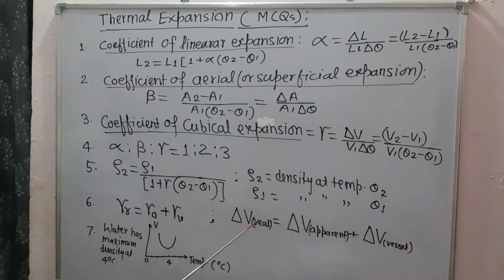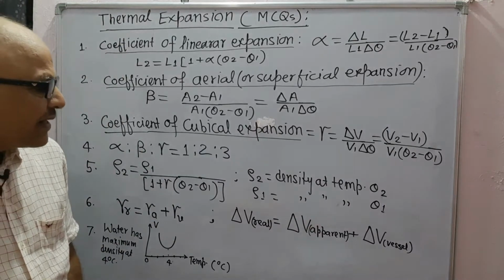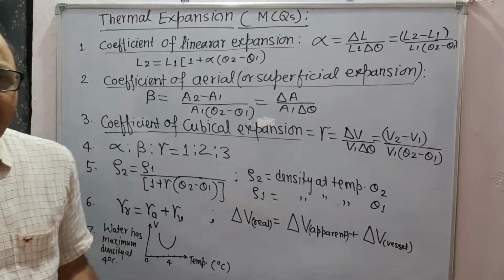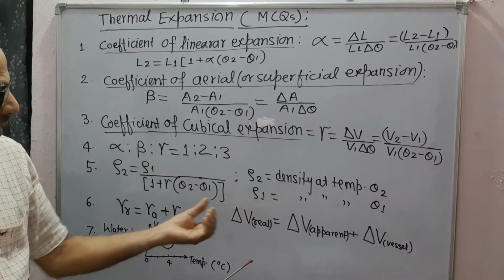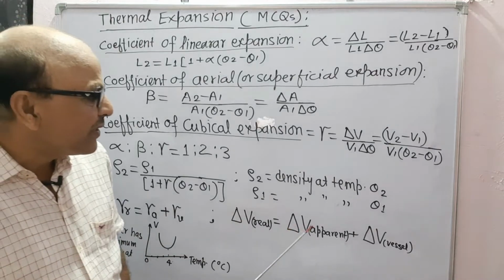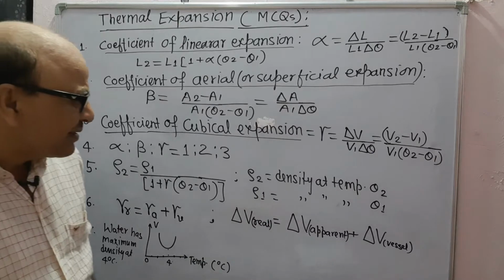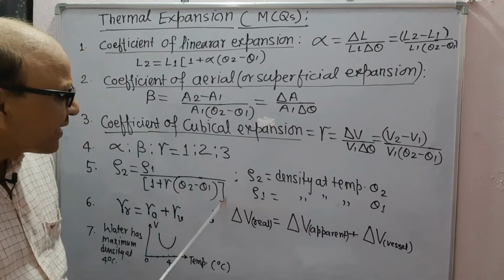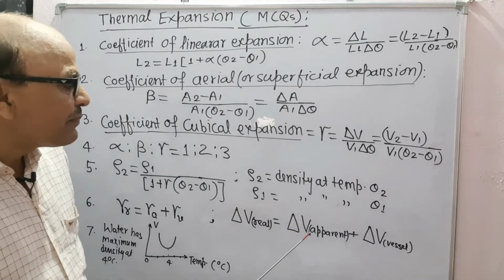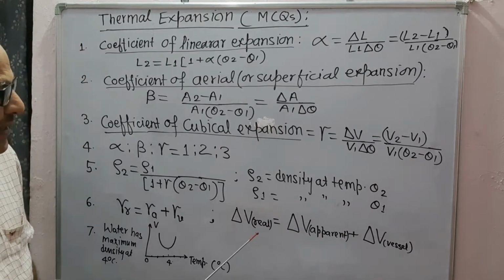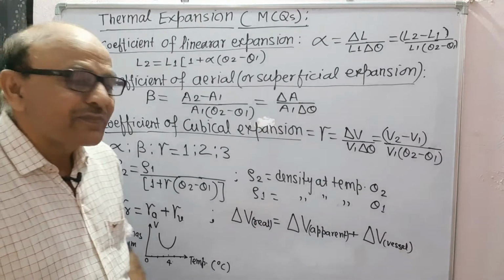Now, when a liquid is heated in a vessel, then both the liquid and vessel expand, and the expansion of the liquid, which is observed with the help of a scale or by collecting overflowing liquid, is not real but apparent, because some part of the expanded liquid has been adjusted in the expanded part of the vessel.